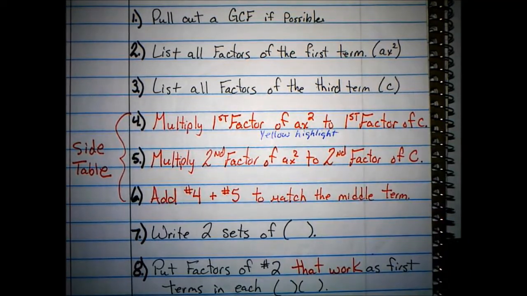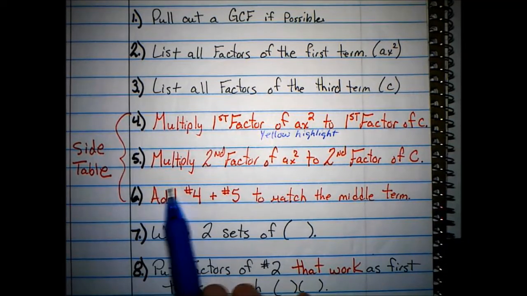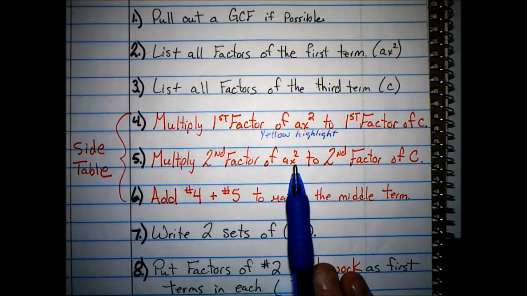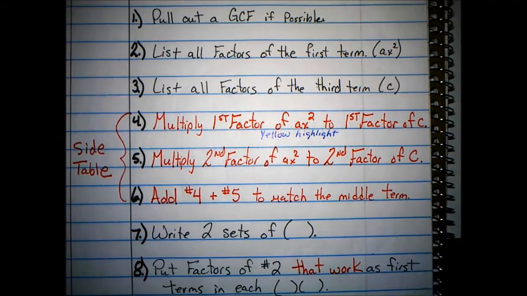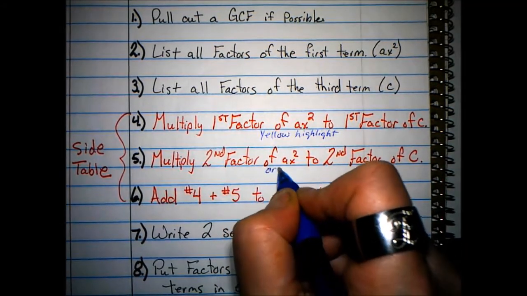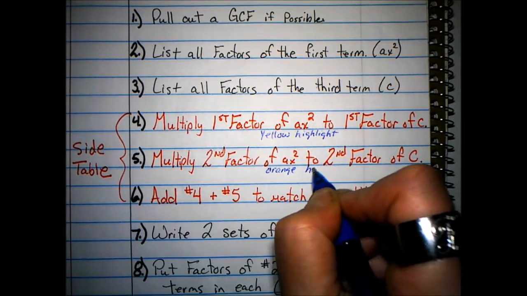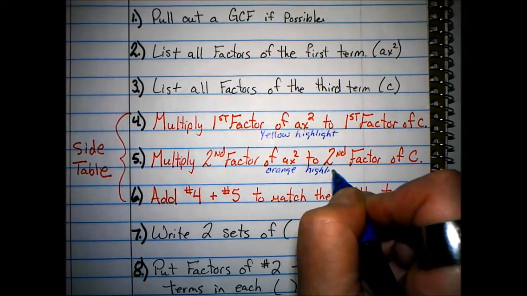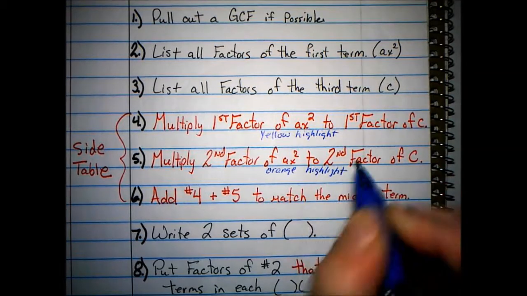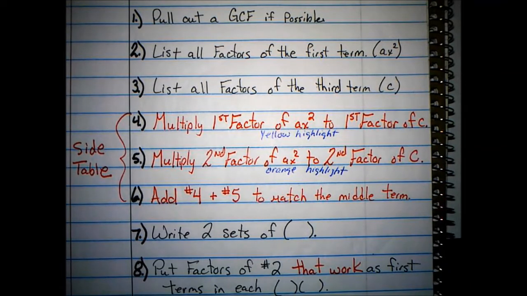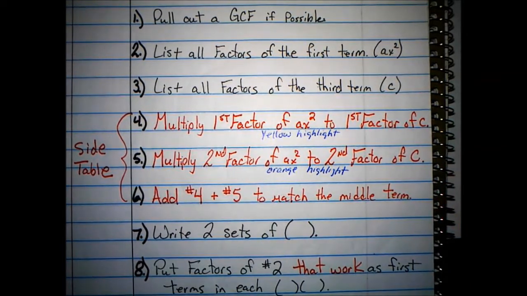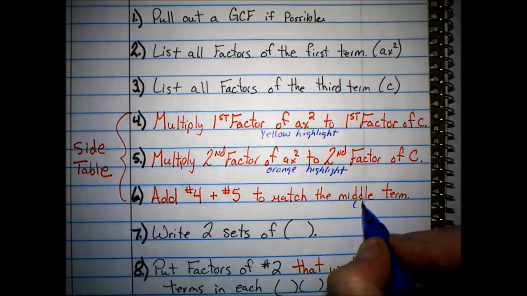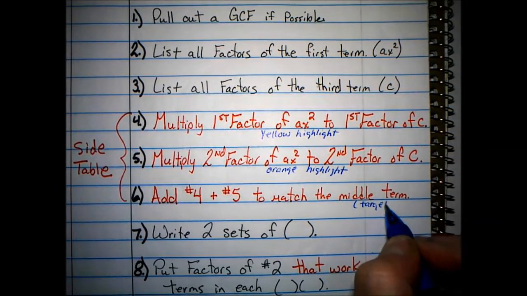Okay. And then on step 5, we multiplied the second factor of the ax squared times the second factor of the c, and this was my orange highlight.